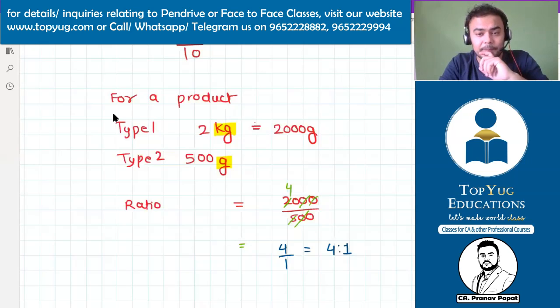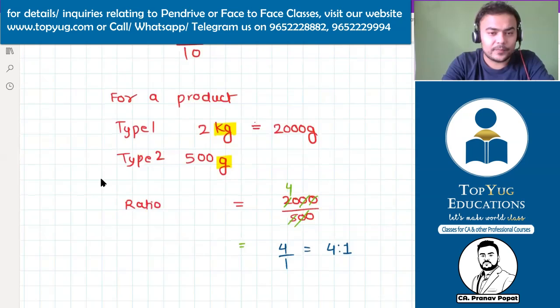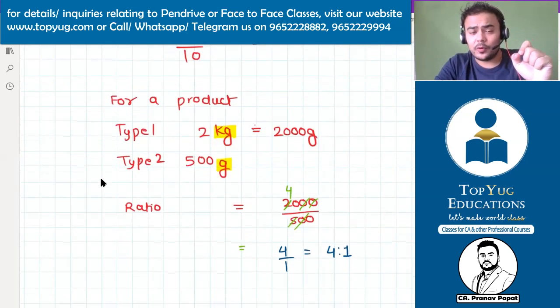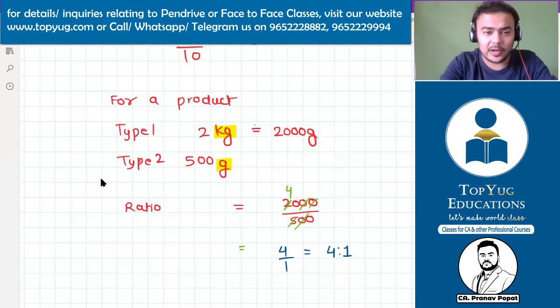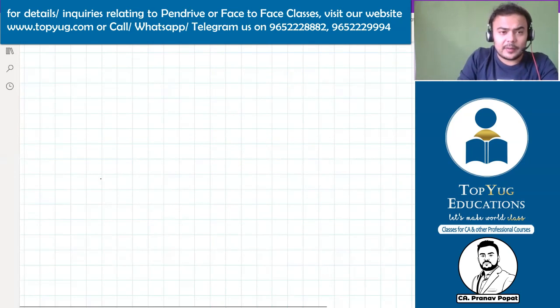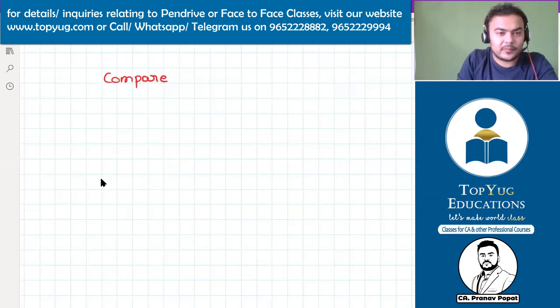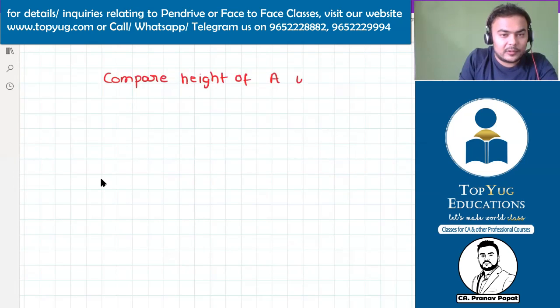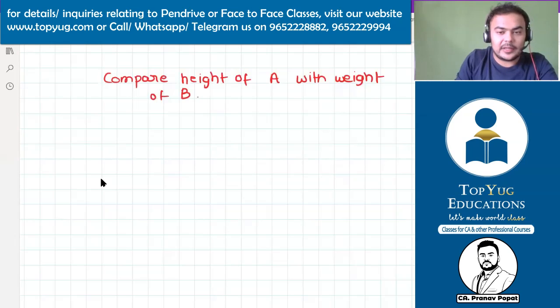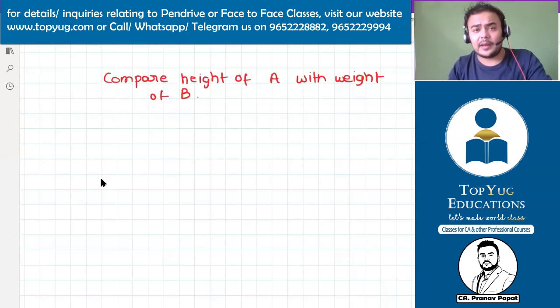Getting the point? Okay. Now, type 1 and type 2 both were weights. That's why comparison was possible. Both were weights. Now, if I ask, compare the height of A with the weight of B. Now, there are two guys, A and B. Can we compare and make a ratio between the height of A and the weight of B?